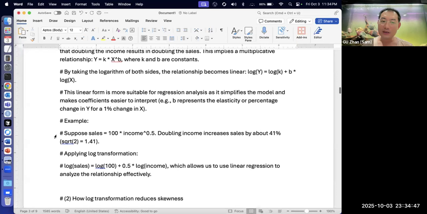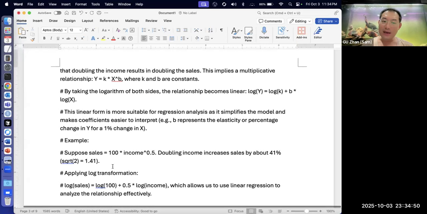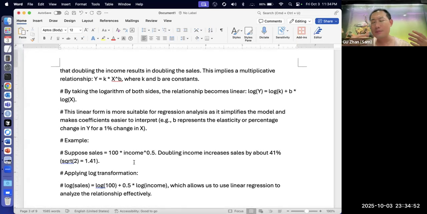Especially when you need to consider the variable x, let's say here is income, there are other variables like education, work experience, and some other variables. Some other variables may be additive, but for multiple independent variables to jointly predict the dependent variable of sales using a linear regression model, every independent variable's relationship to the dependent variable should be additive.